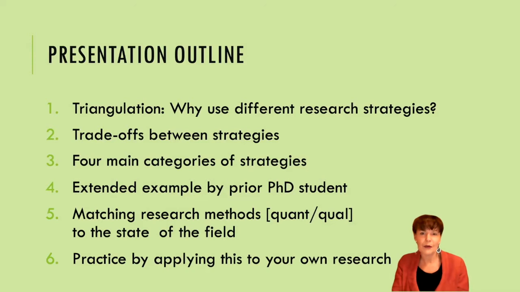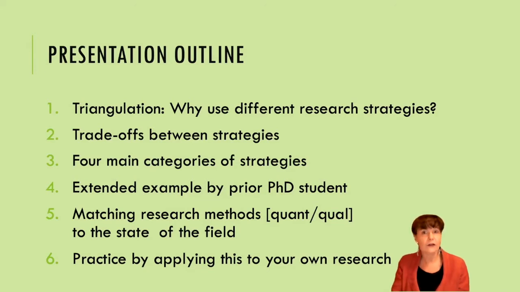So what will we be doing today? Well, first of all, we'll talk about triangulation and why we use different research strategies to look at the same research problem. We'll also discuss the detailed trade-offs between the individual research strategies, and we'll discuss four main categories of strategies.